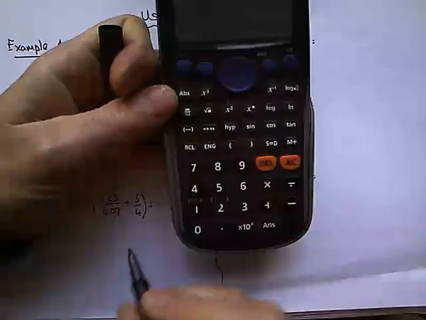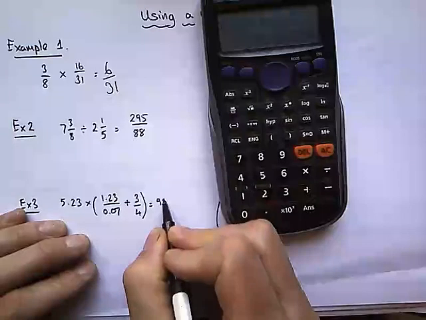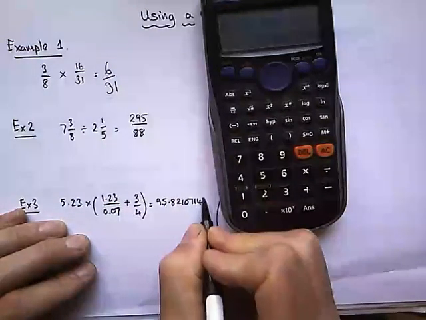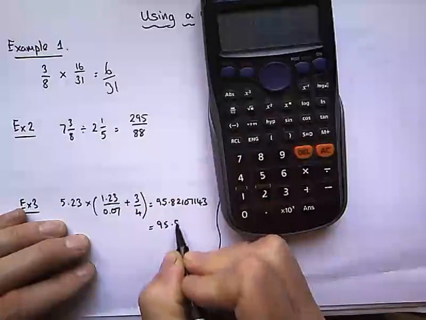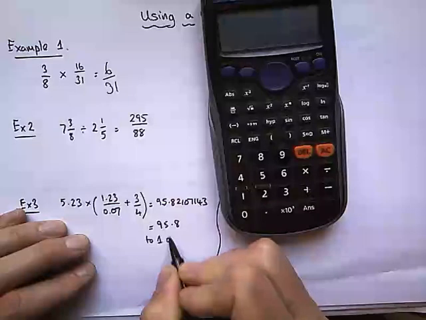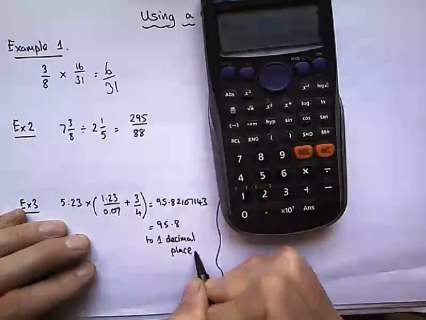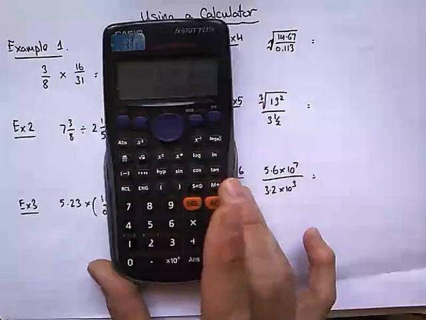So it's 95.82104.3, and then that's equal to 95.8 to 1 decimal place. They may ask you for a different degree of accuracy. They may ask for 2 decimal places or 3 decimal places. As long as we can round, we'll be absolutely fine.